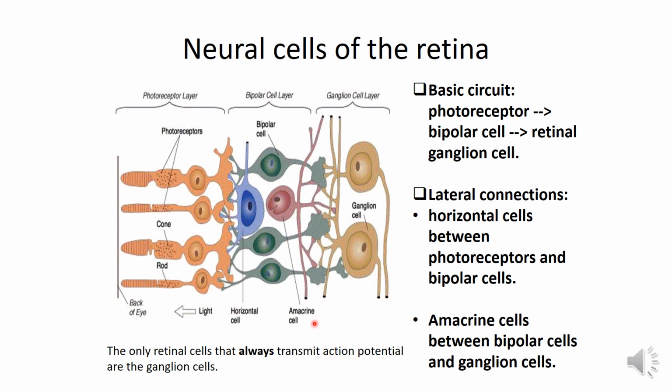You can see the horizontal cells are found between the photoreceptors and bipolar cell, and the amacrine cells are found between the bipolar cell and the ganglion cell.